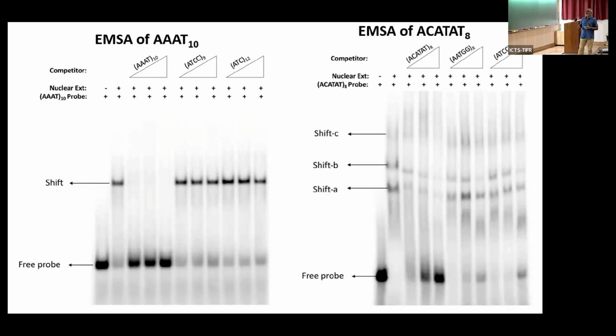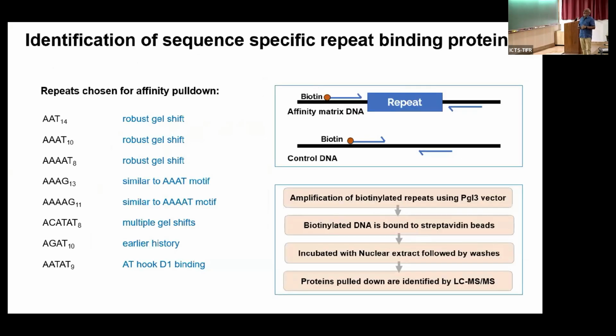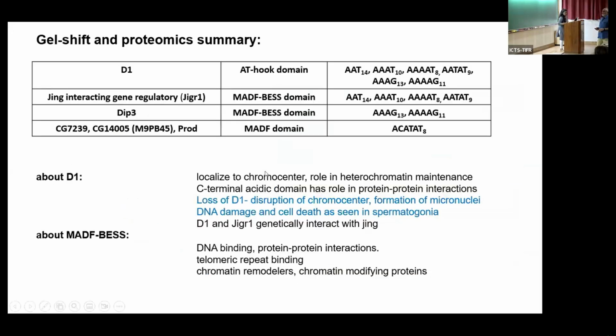It will compete by itself and something else will not. Then, by doing lots of permutations and combinations of gel shifts and competitions, he identified certain 8-10 repeats for which he made an affinity column, purified the proteins, and then found several proteins.